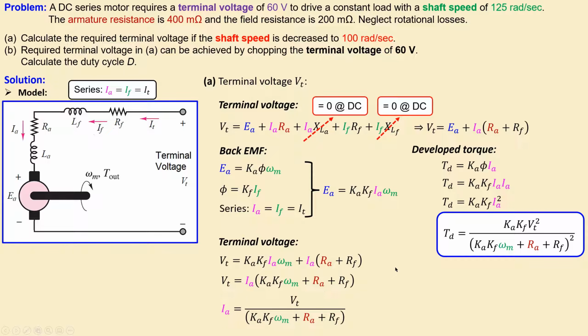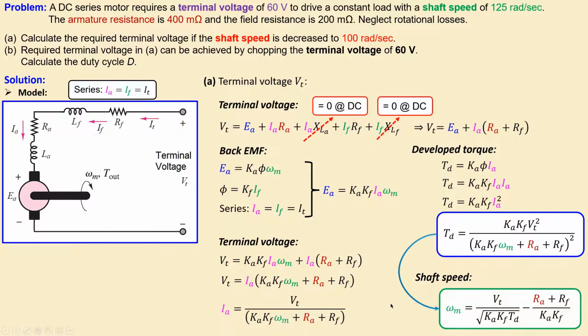Alright, what we of course want is the shaft speed for question A. So we need an expression for the shaft speed omega sub m. So we can make an expression for omega sub m in terms of the rest of the parameters, which, after doing several steps, gives you this expression.